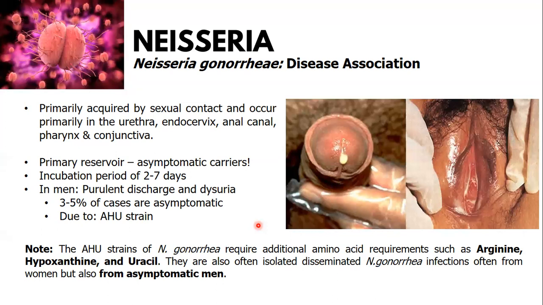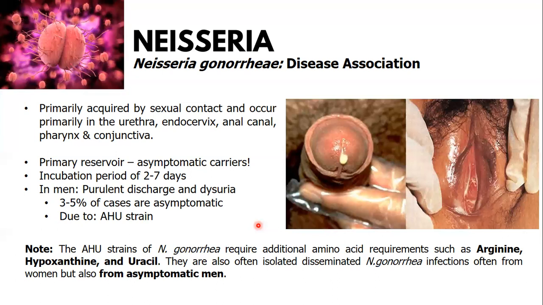For asymptomatic carriers, take note of this. The primary causative agent is the AHU strain of Neisseria gonorrhoeae. So what is an AHU strain?